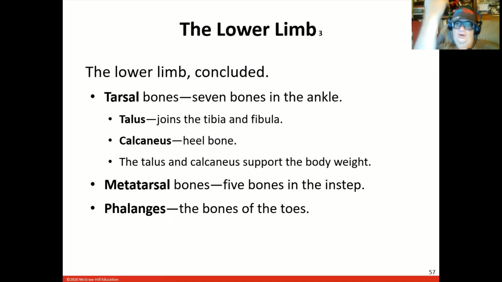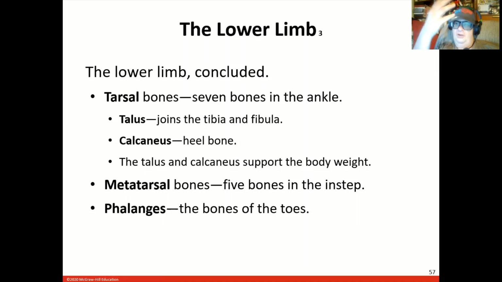So like we had carpal bones for the wrist, the small bones in the ankle are called the tarsals. The biggest of those is the calcaneus, the one that sticks out the back and forms your heel. The talus is the one at the bottom that touches both the tibia and the fibula. And those two bones, the talus and the calcaneus, support our weight.